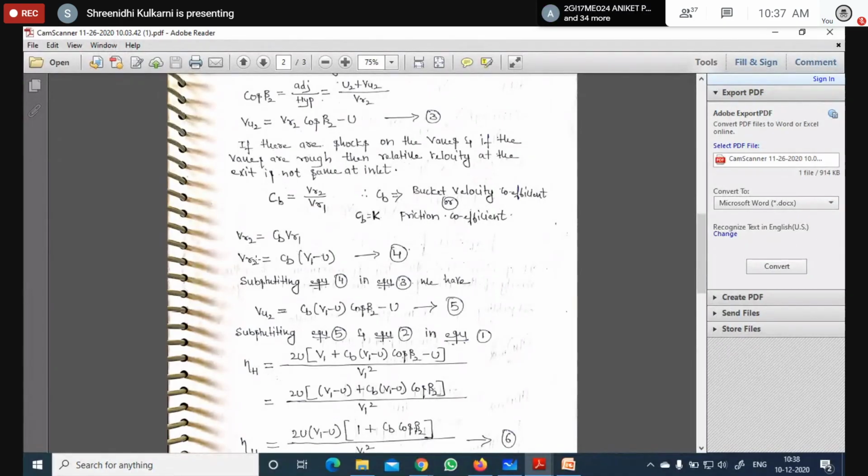Substituting equation 4, that is VR2, in equation 3, that is in VU2, we get VU2 equals CB into (V1 minus U) into cos beta 2 minus U. I'll repeat once again: whatever the VR2 is, we replace it with CB into (V1 minus U). I'm going to call this equation 5.